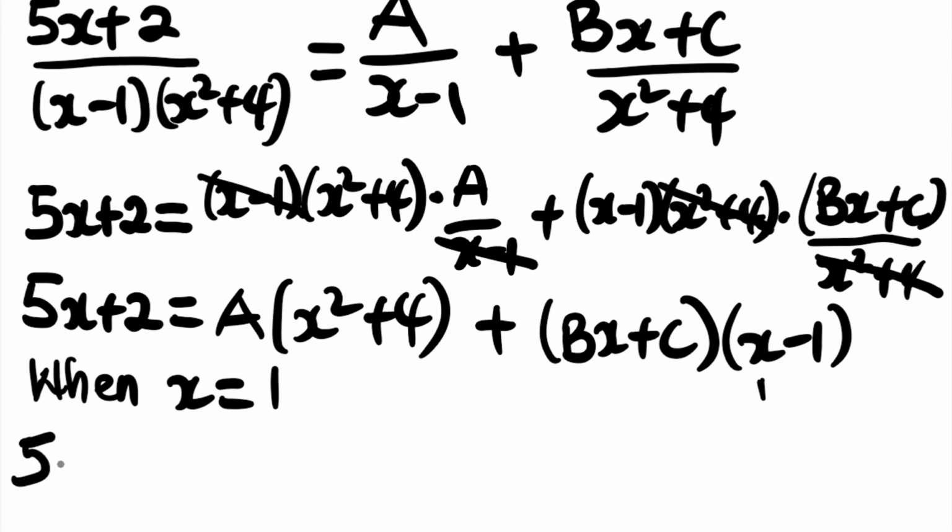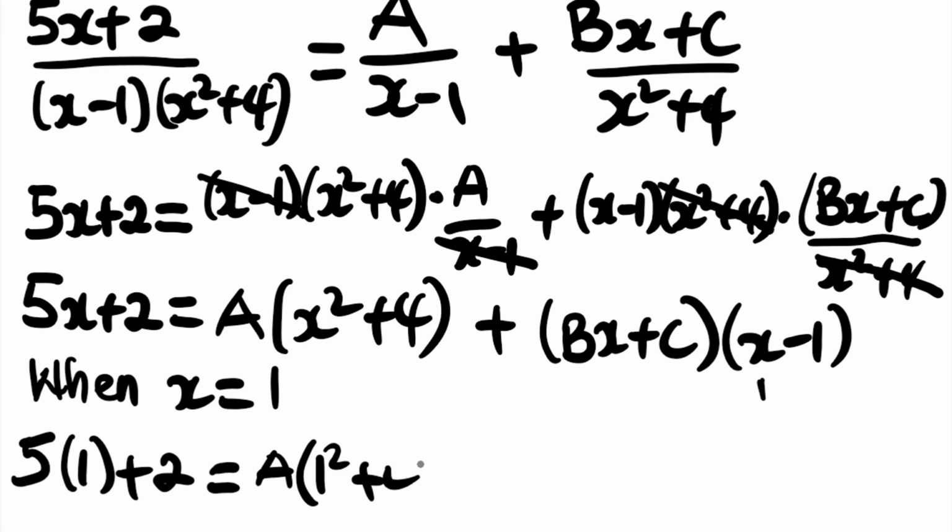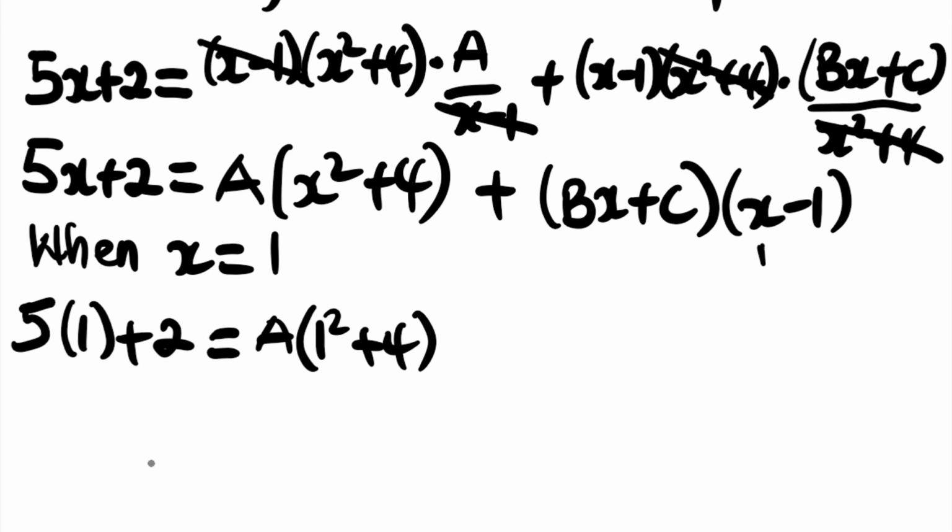When x is equal to 1, it's going to be 5 times 1 plus 2 on the left hand side, equals A multiplying 1 squared plus 4. This side will be 0, because this one is 1 minus 1, which is 0, and 0 times this is 0. So this one is covered up, and we are left with only this.